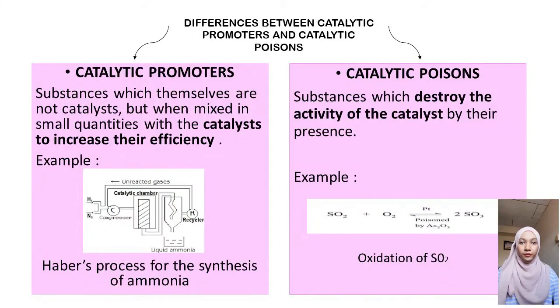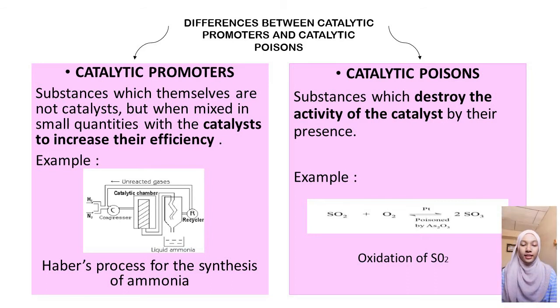Then, the difference between the catalytic promoters and catalytic poisons. Catalytic promoters are substances which themselves are not catalysts, but when mixed together with a small amount of the catalyst, they increase its efficiency. For example, in Haber's process for the synthesis of ammonia, traces of molybdenum increase the activity of finely divided iron, which acts as a catalyst.